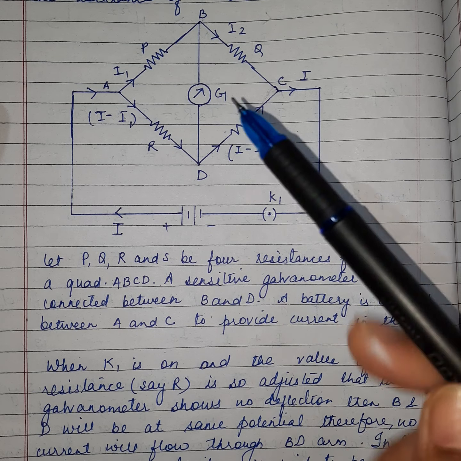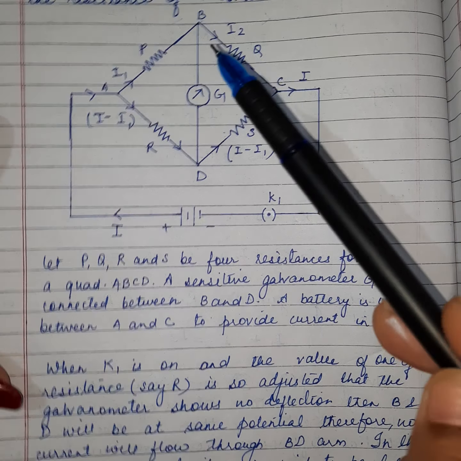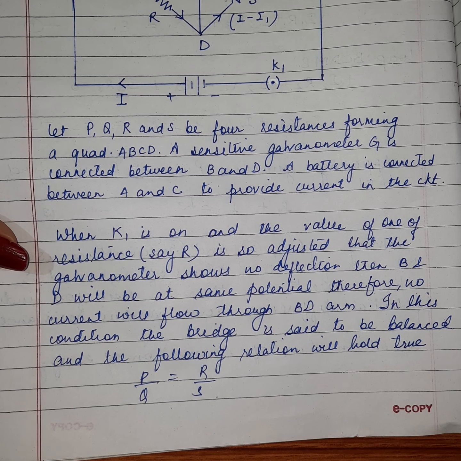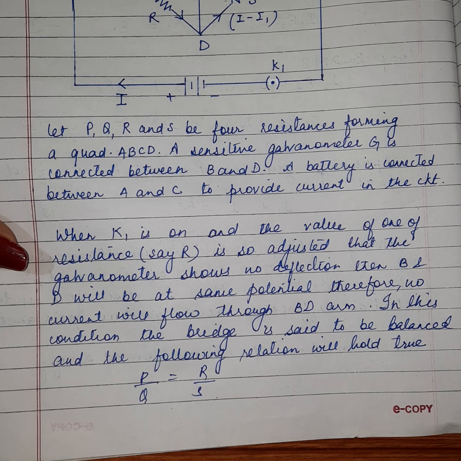Then the points B and D will be at the same potential, therefore no current will flow through the BD arm. In this condition, the Wheatstone bridge is said to be balanced, and the following relation will hold true: P upon Q is equal to R upon S. P, Q, R and S are all resistances.